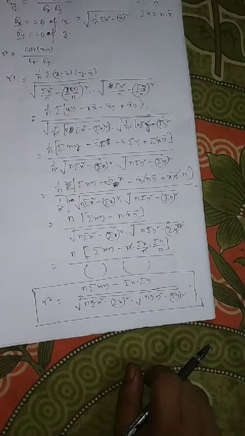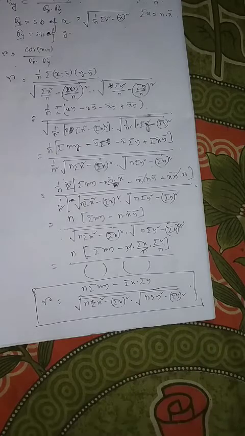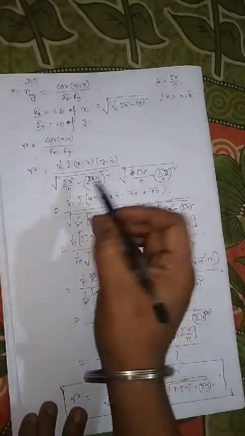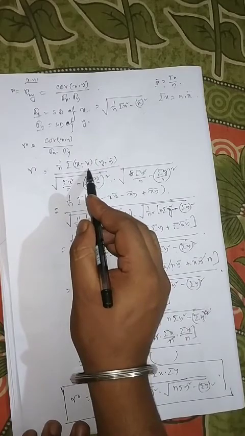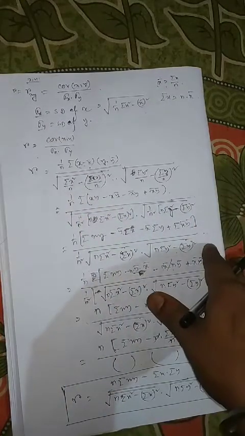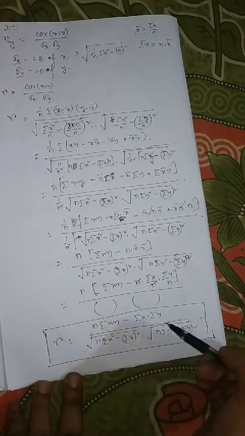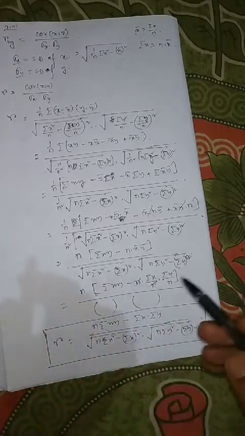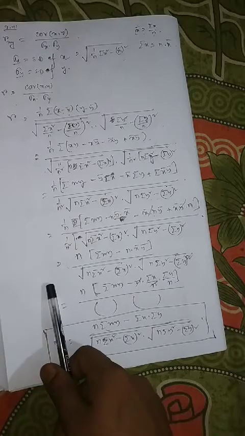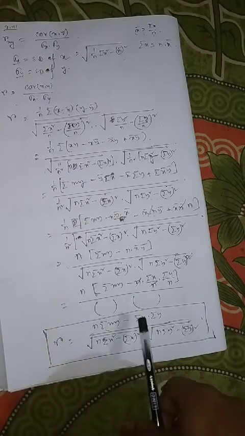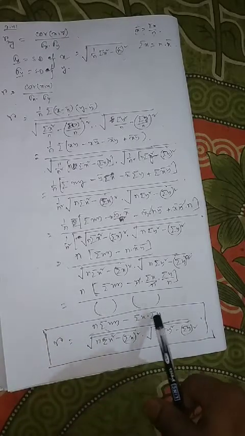if the data are given. Okay, if x and y are given, we can use this formula. In the earlier formula we have to find x bar and y bar. If we use this formula, we don't have to find x bar and y bar. We can always find from a single table of x and y, the summation x and summation y.